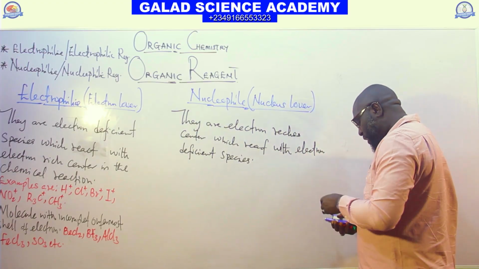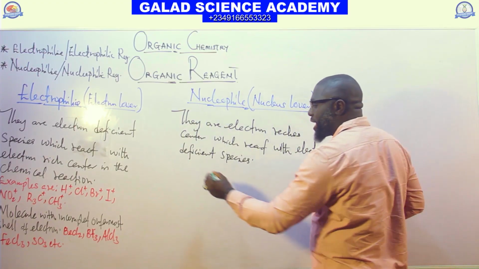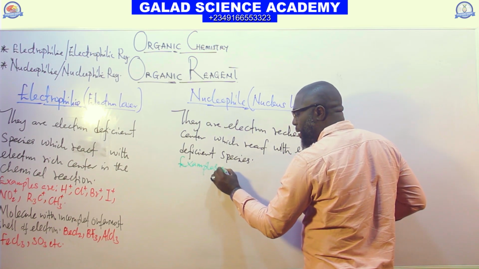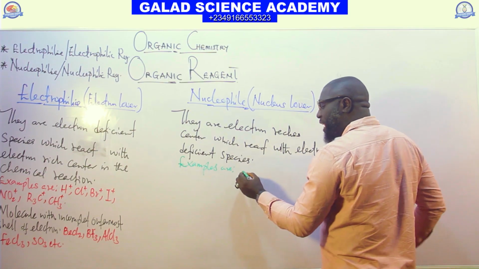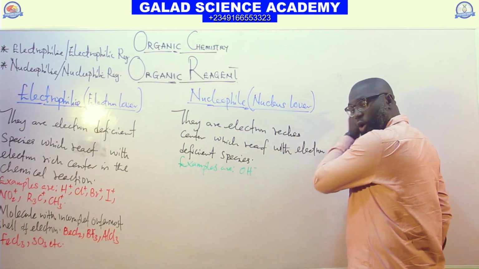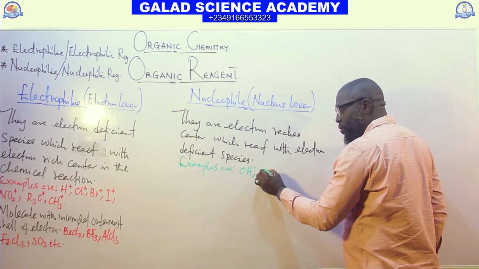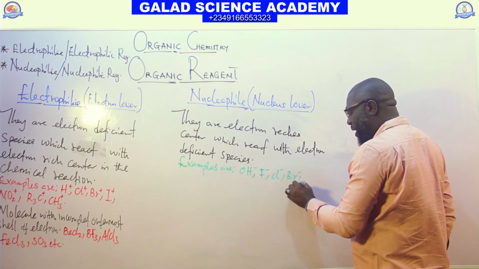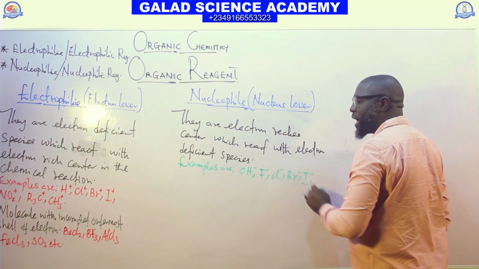Examples of nucleophiles are all negative ions: OH minus, F minus, Cl minus, Br minus, iodine minus.